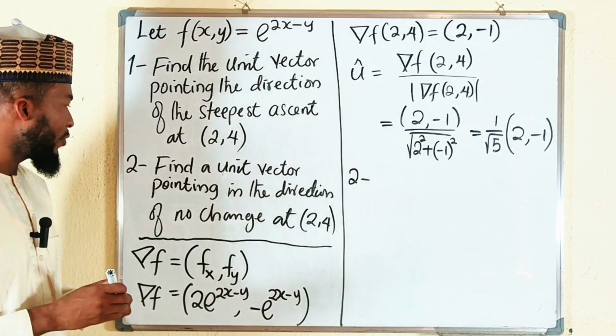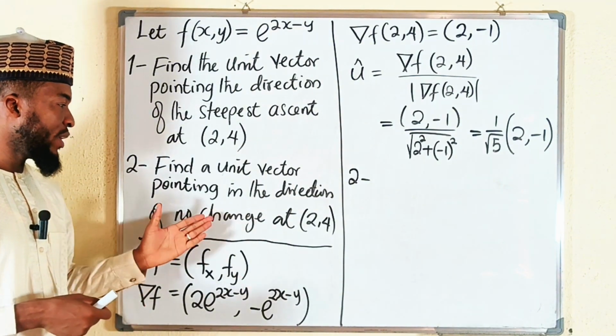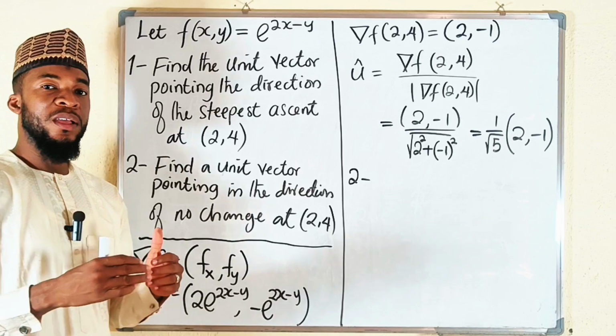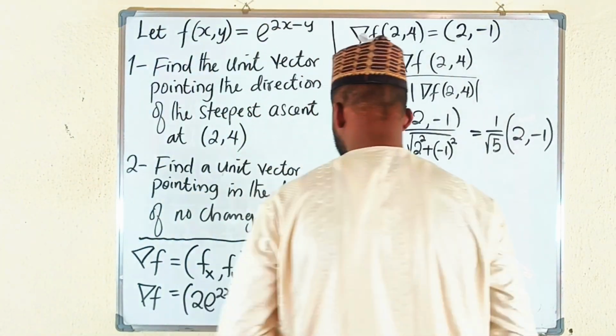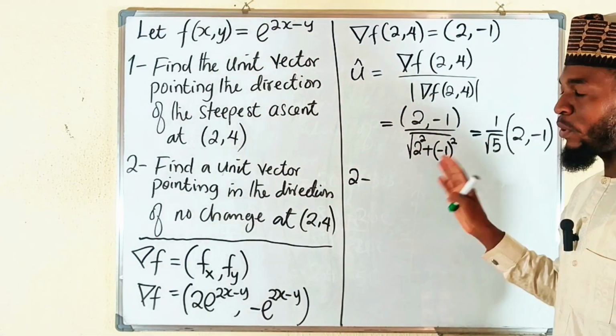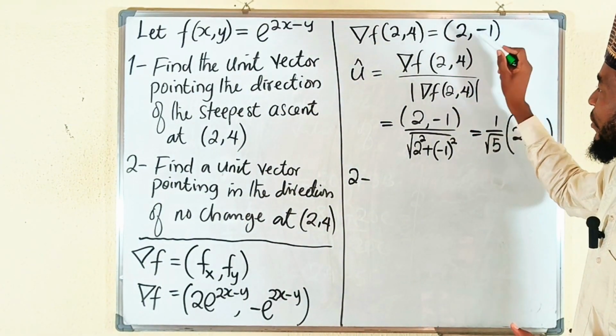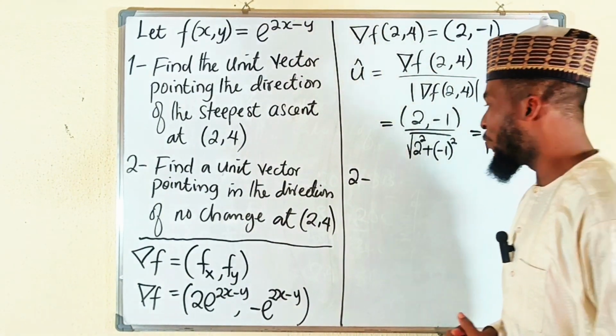For question number 2, we are asked to find a unit vector pointing in the direction of no change, where the function has no change. You should know that the vector you are looking for is perpendicular to the gradient vector.